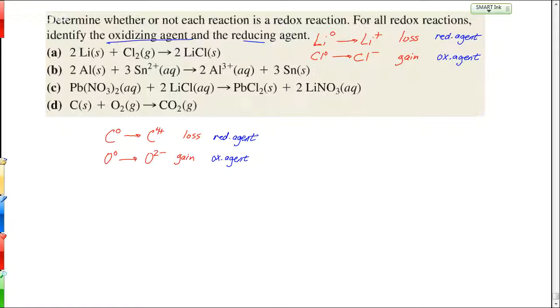Did you get 4? Yeah. Because we assign the oxidation states based on that list of priorities, and oxygen comes first. So when you see oxygen in a compound of carbon, hydrogen, and oxygen, you give the oxygen 2- first, and then you calculate the carbon from that.